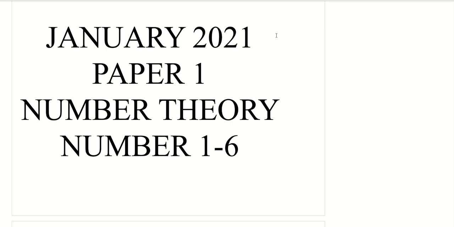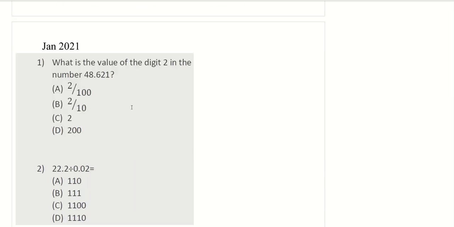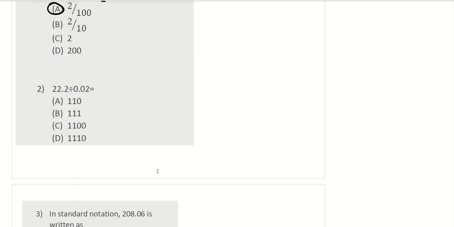We're going to do January 2021, paper 1, number 3, 1 to 6. This question is a repeated question. So we know that they ask for the place value of 2, right? Which is 2 over 100. This question here, let's do it. We have 22.2 divided by 0.02.